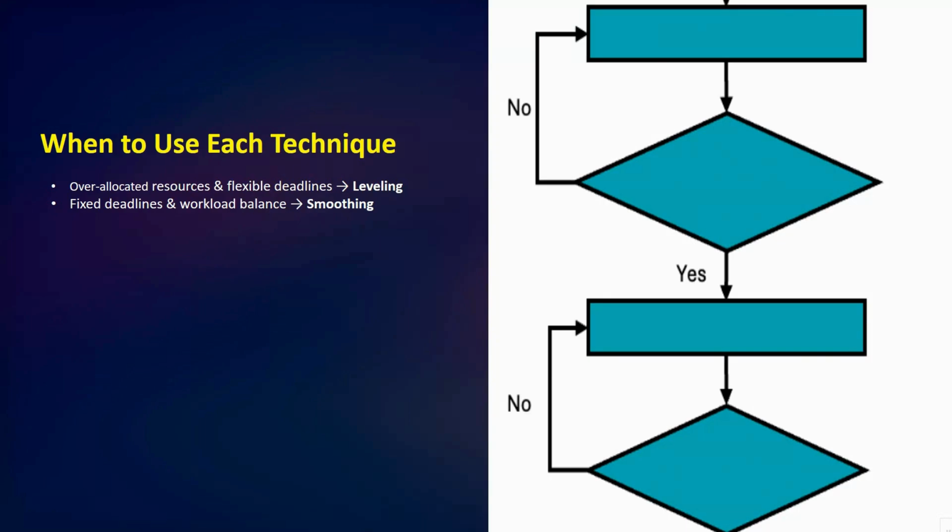If the deadlines are fixed but you need to balance workload, use resource smoothing. This decision always depends on your project priorities, whether resources or deadlines are more important. I hope this is clear when to use each technique.